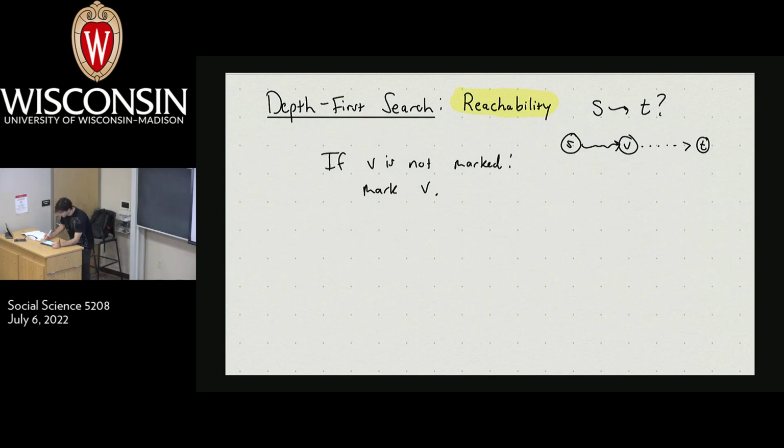So if V is not marked, we mark V, and then for every edge, V to U, we're going to mark U, and then recurse on U. So in particular, U might already be marked, so let's also take that into account, just for efficiency.